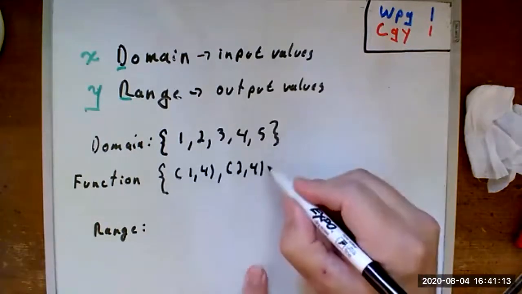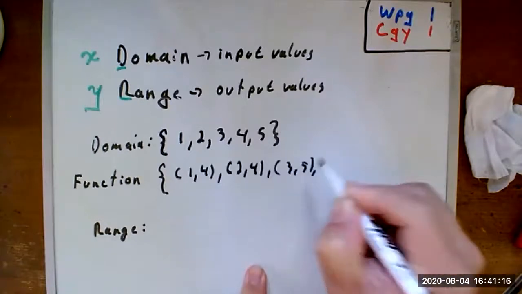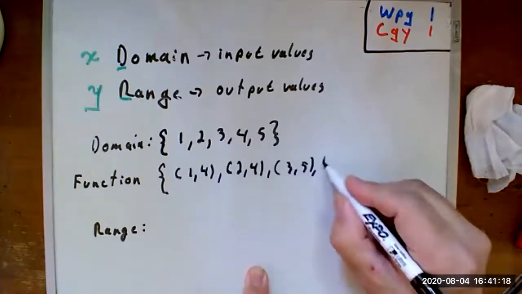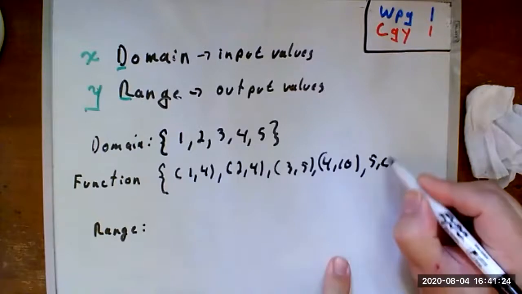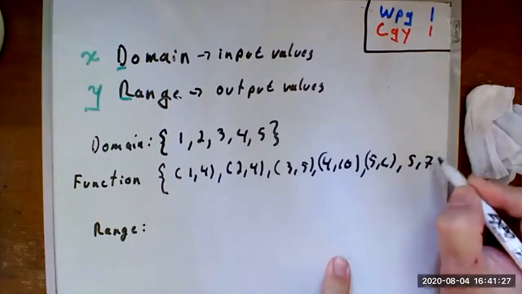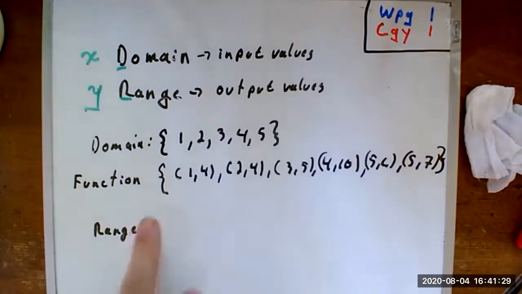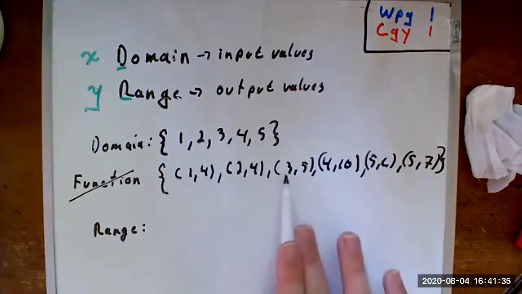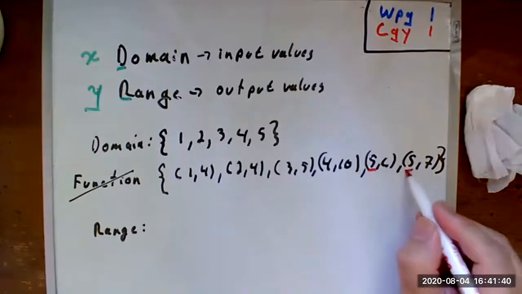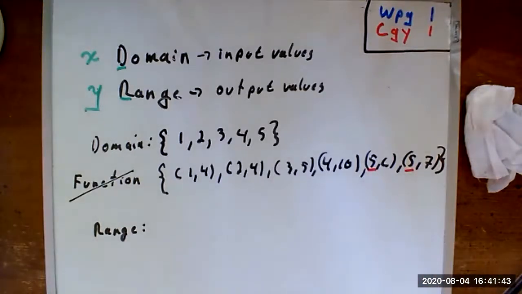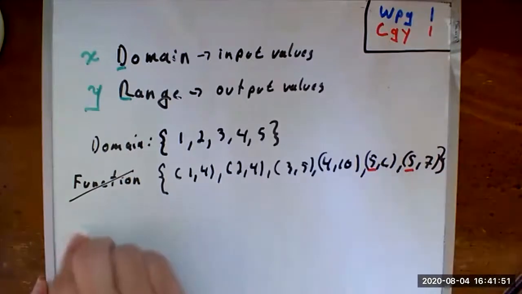If we're given this set, okay, this is not a function for the simple reason that as we go through, we can see we end up using 5 as a domain input more than once.